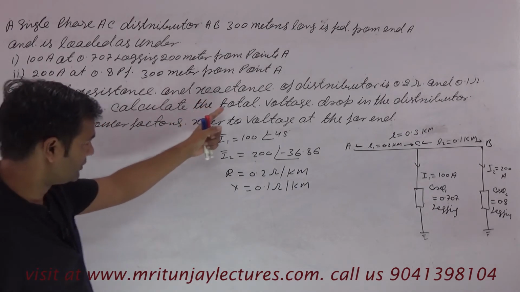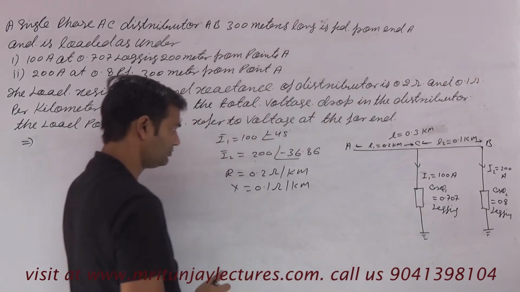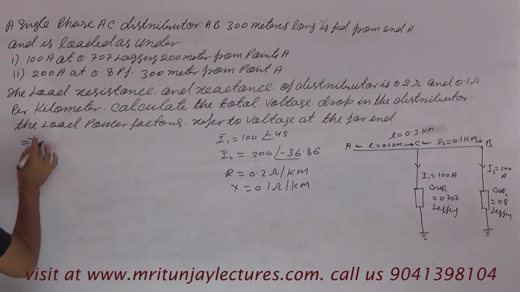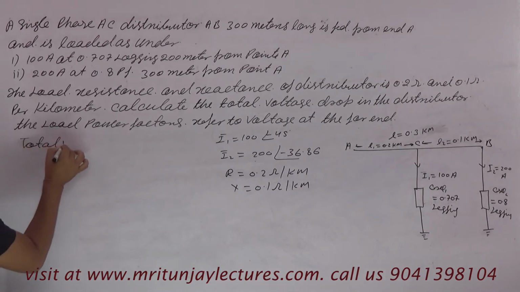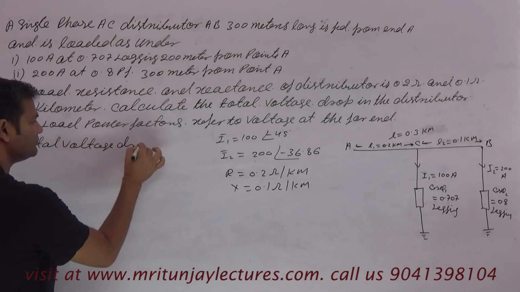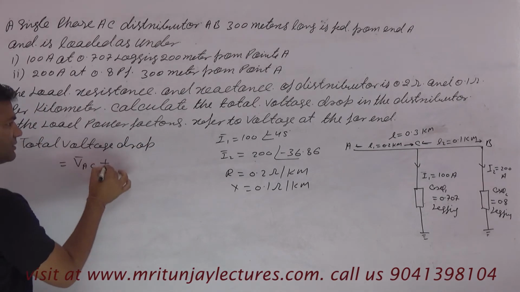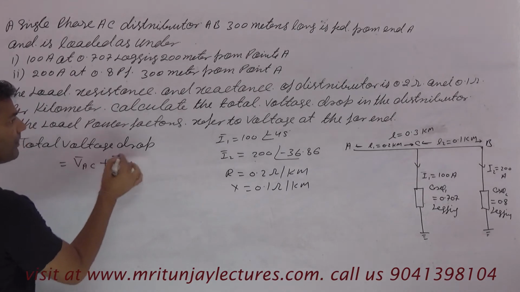Calculate the total voltage drop, which means V of AC plus V of CB.